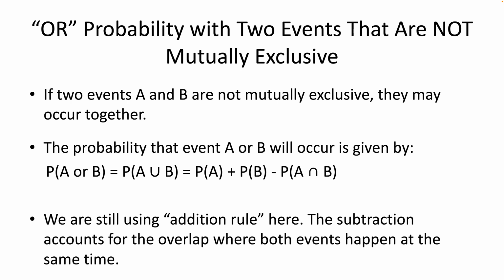However, you should notice the subtraction on the end. The subtraction accounts for the overlap where both events happen at the same time. We'll take a look at this in some example problems.